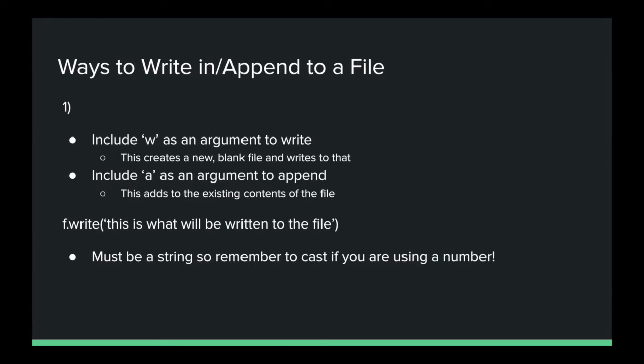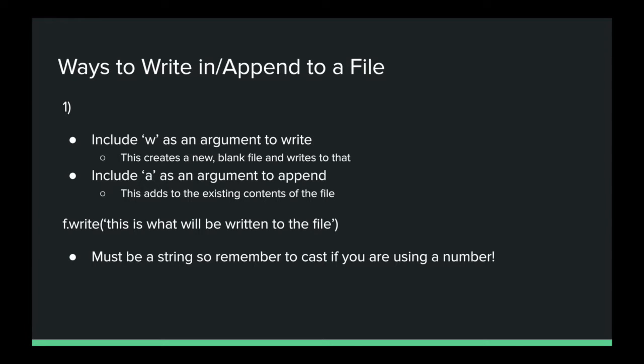Another important thing about files is the ways to write into and append to a file. The main way to do this is to again use a letter argument. Like we had r for read, for write it's w. Writing means it creates a new blank file and then writes whatever you're writing to that.